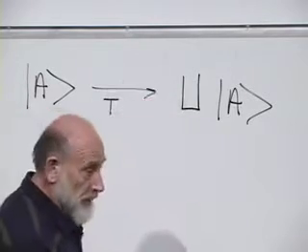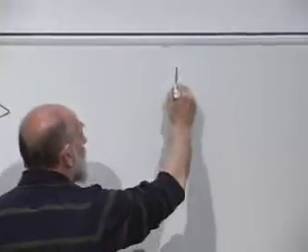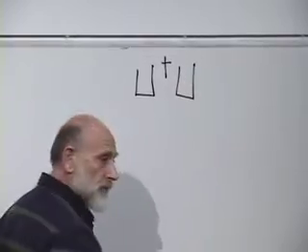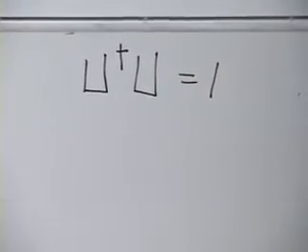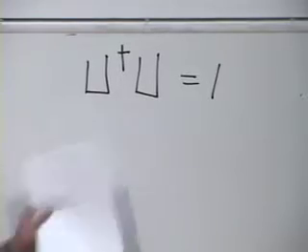Unitary, we discussed last time what it meant. Let me just remind you what unitary means. It means that it times its Hermitian conjugate is the unit operator, or that its Hermitian conjugate is its inverse. That's the definition of a unitary operator.